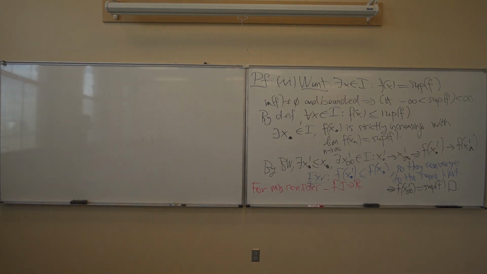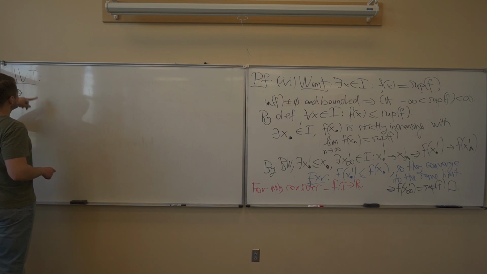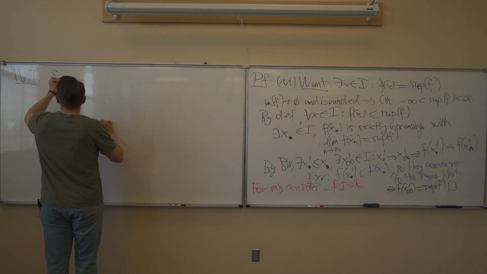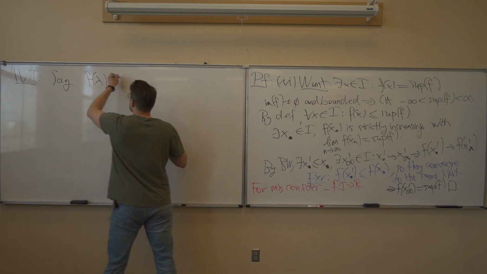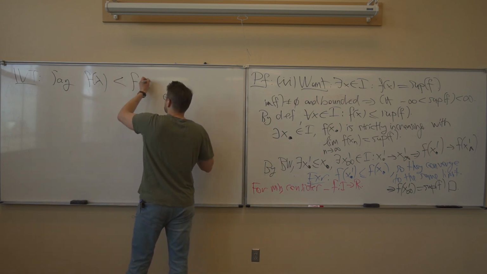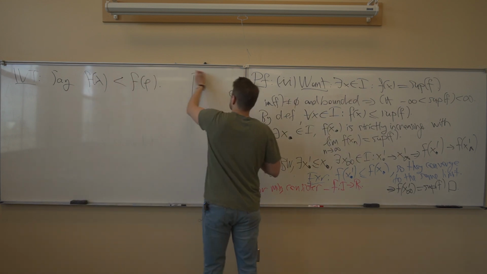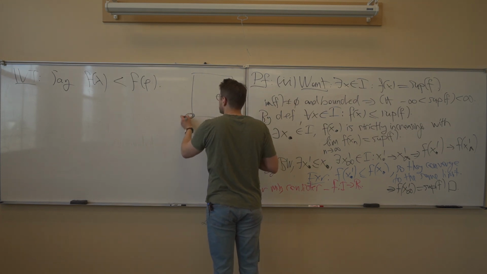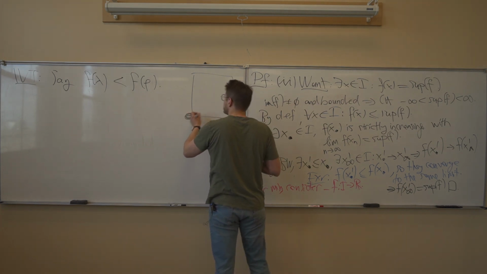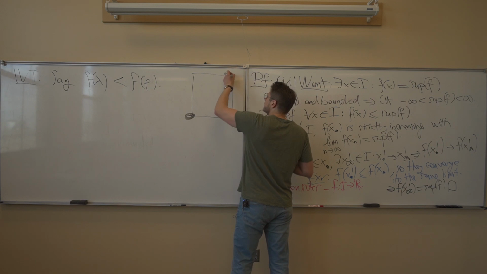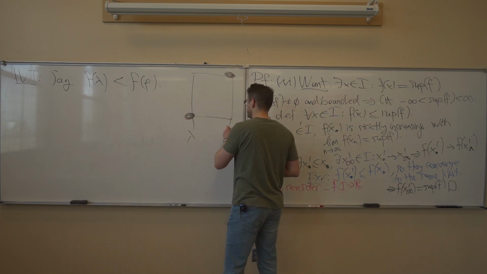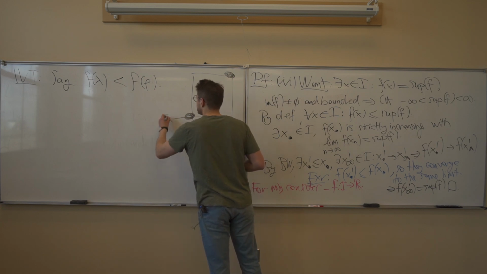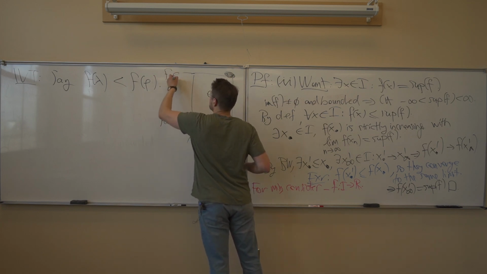We're going to discuss this more on Monday. Say in the same context, f of lambda is strictly greater than f of rho. So if you were to draw the graph, here's one point, here's the other point. This is lambda, this is rho, this is f of lambda, this is f of rho.